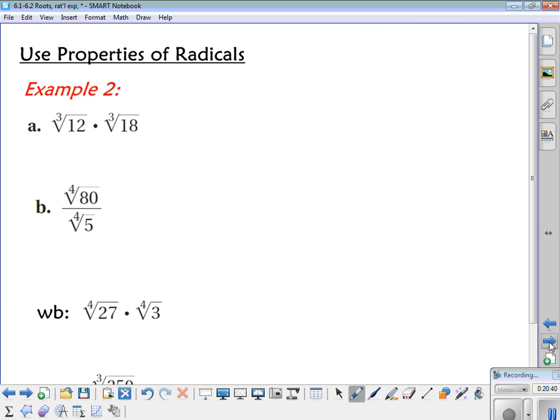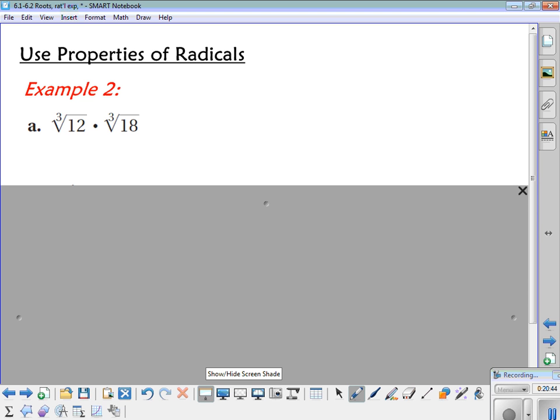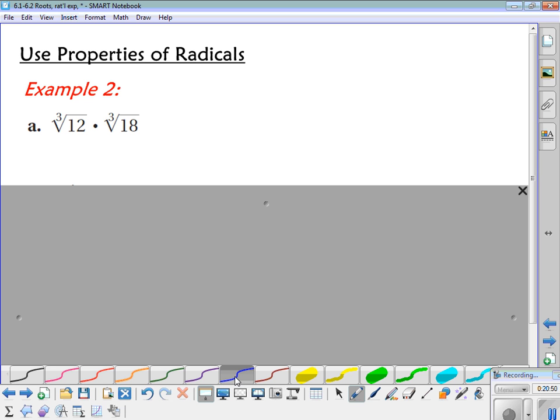All right, so using properties of radicals. Okay, so when you get to these, rather than getting a big number, another way of looking at it is to break it down into like a prime factorization.